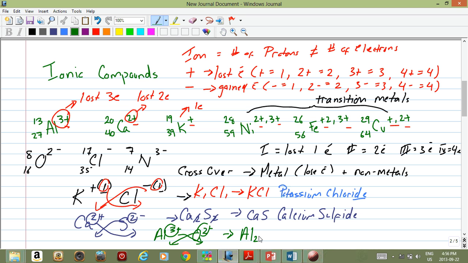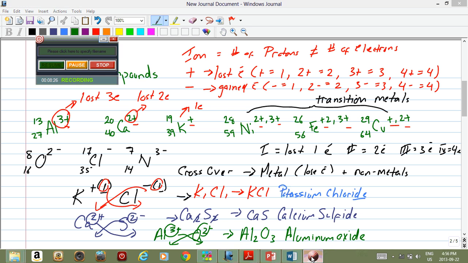So the formula would be Al2O3. Again, we flip the numbers, and this would be called aluminum oxide. Perfect. Okay, let's stop there.